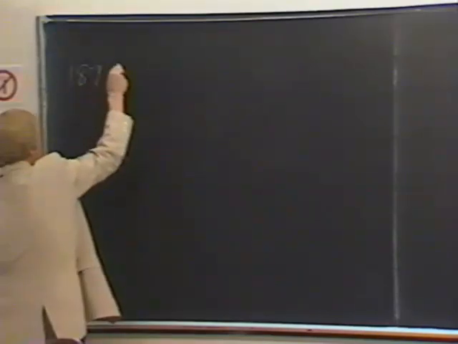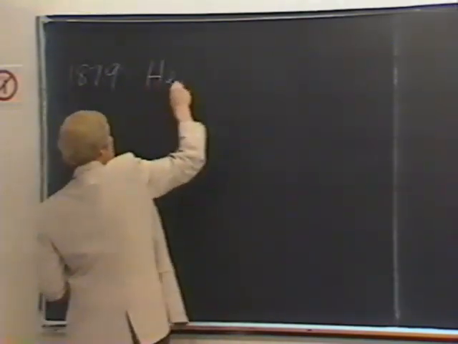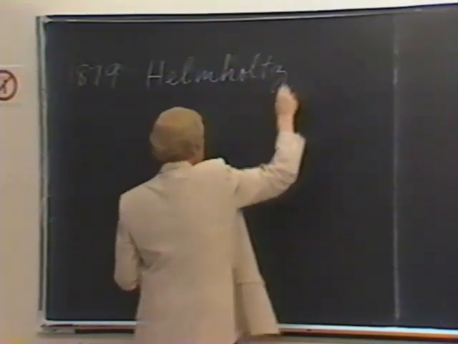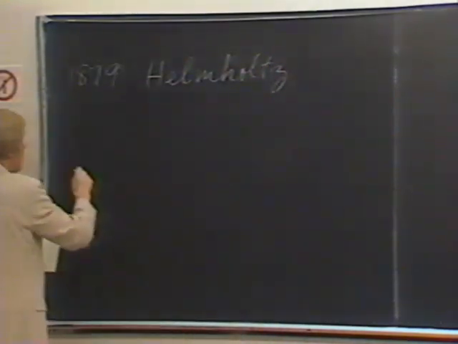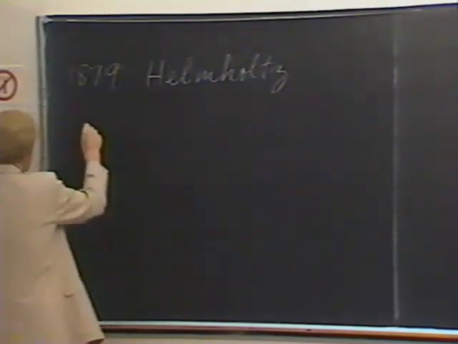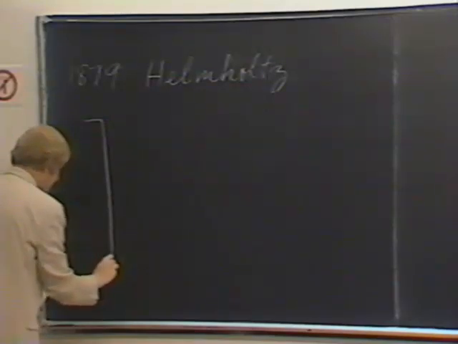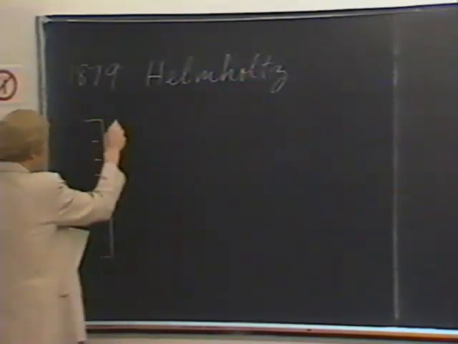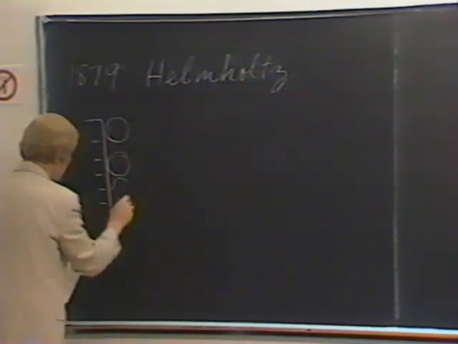In 1879, Helmholtz came up with a theory of the distribution of ions around a charged surface that was essentially analogous to a double plate condenser.